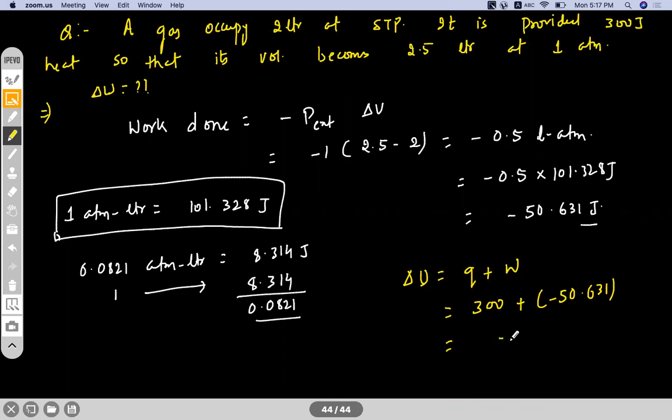So when you do this, you'll get 249 point something, 37 joule. Got it? So change in unit you must remember.